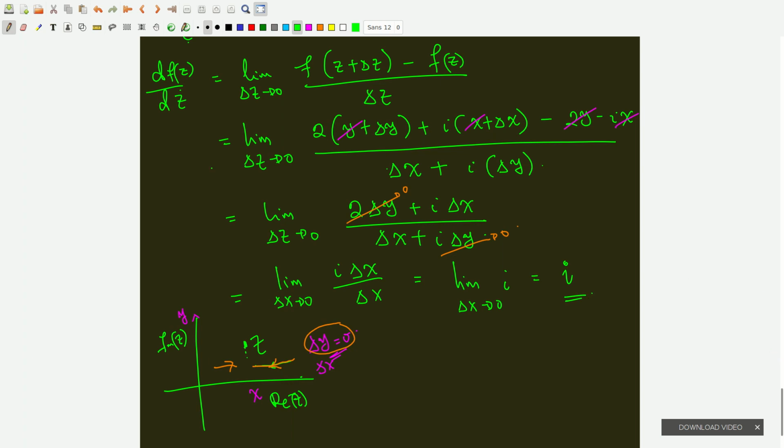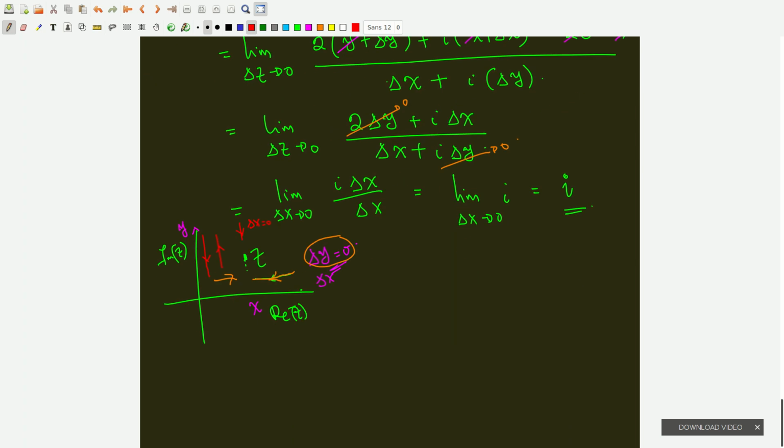So let us see what happens if we try to approach this z in a direction which is parallel to the vertical axis. In this case, our change in x is 0, and it is only y which is varying, because we are moving in a direction which is parallel to the imaginary axis.